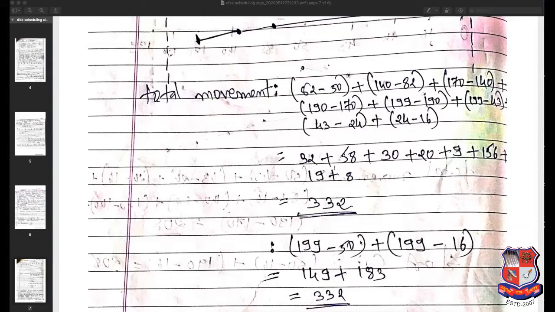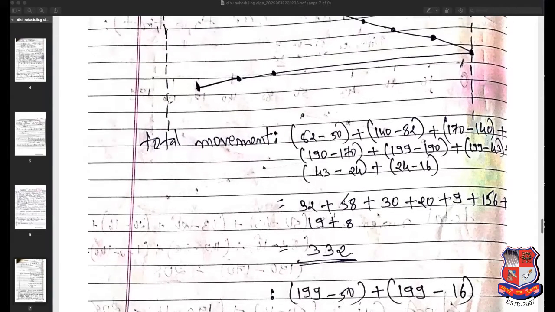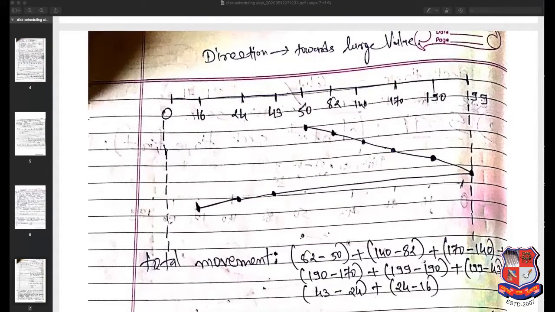And there is one shortcut for finding the total seek time movement. We start with the head position, which is 50, and we reach the end value in the same direction, which is 199. So consider 50 to 199 directly, and we move in the reverse direction from 199.